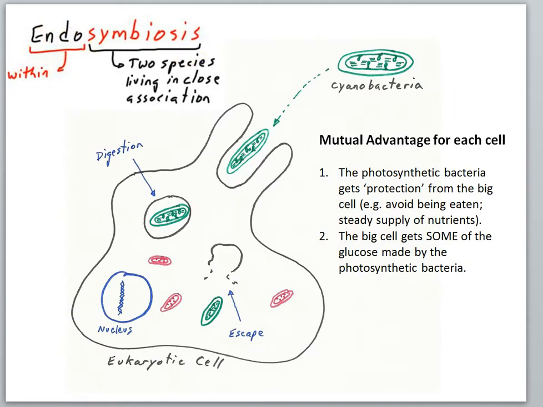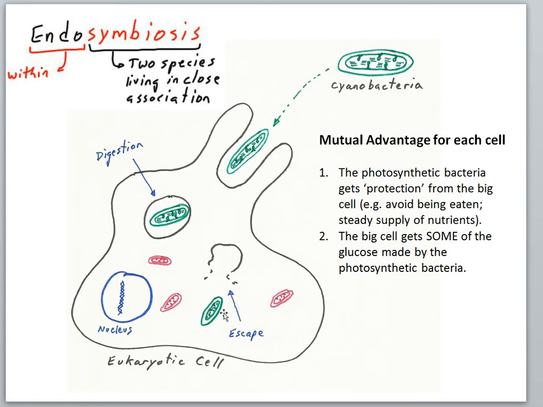Endo referring to sort of within. One living thing is going to live within another. And symbiosis is this idea of two species living in close association. Right, so we have one species, the cyanobacteria, living inside another larger species, another type of cell. And that is certainly a close association, and it's one within another, so we'll call it endosymbiosis.